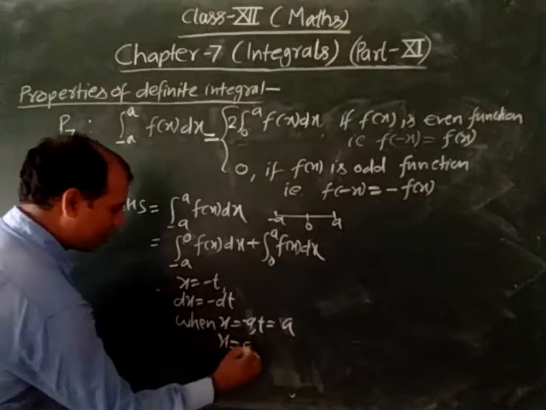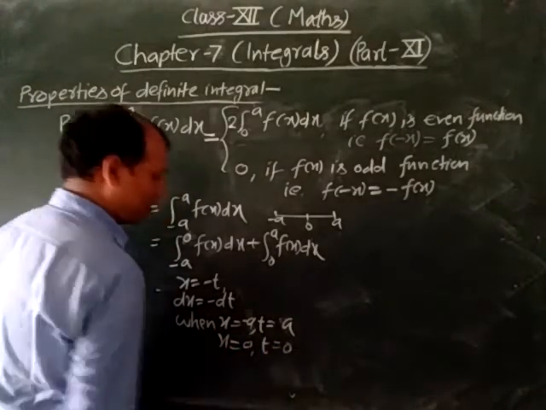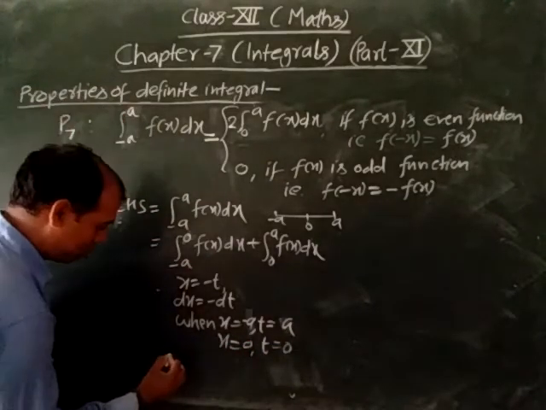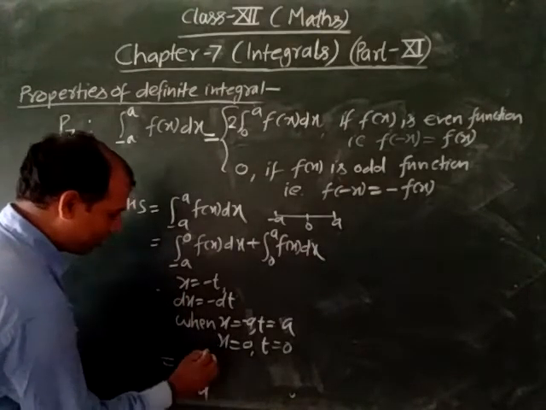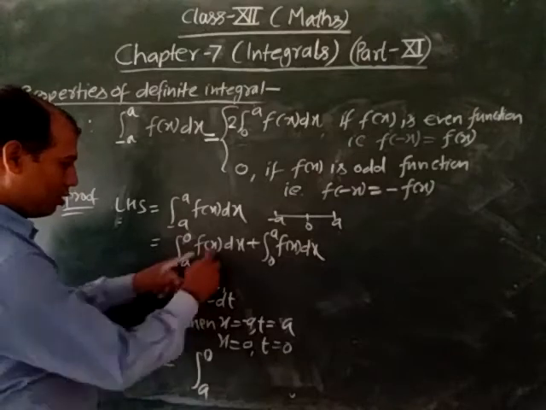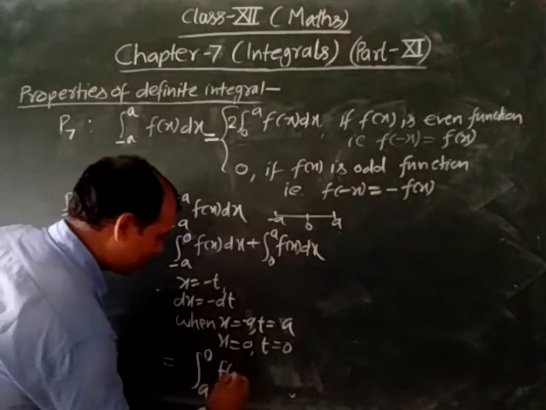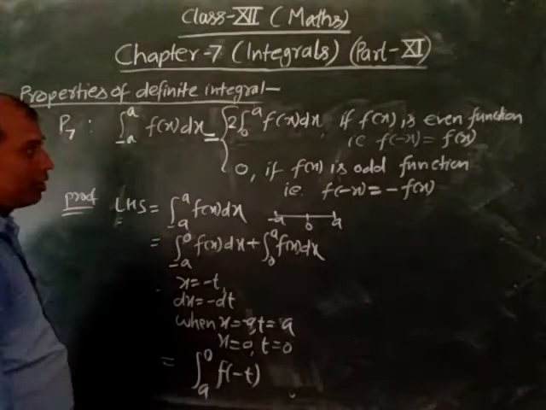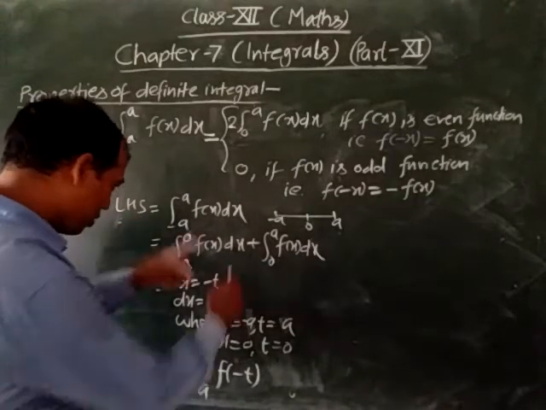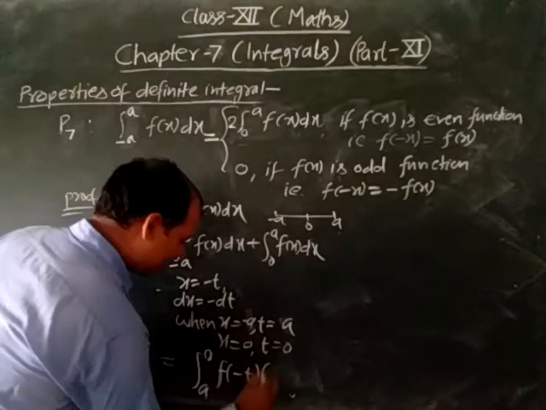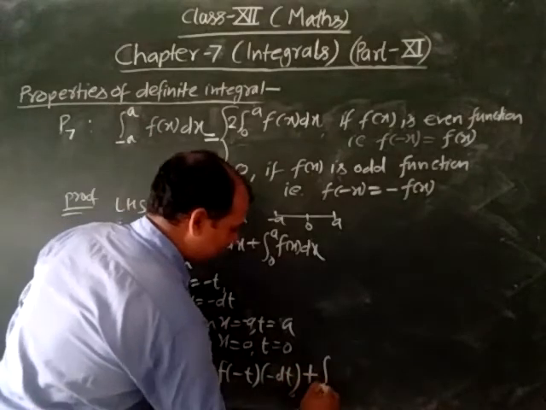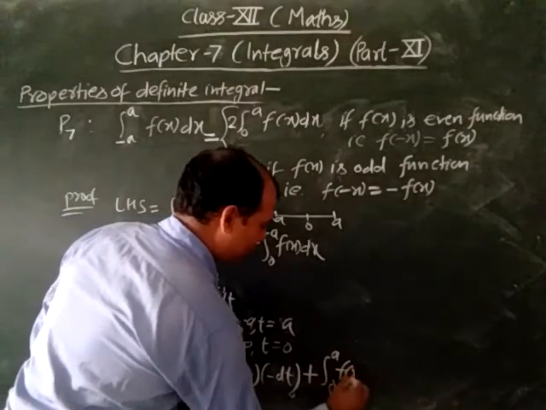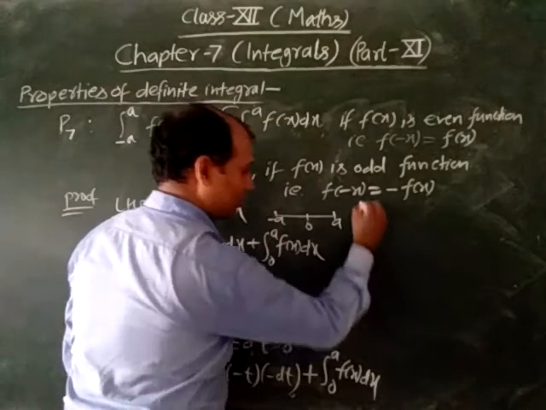And when x equals 0, the value of t is 0, so this becomes the integral from a to 0 of f(minus t), and dx can be written as minus dt, plus the integral from 0 to a of f(x) dx.